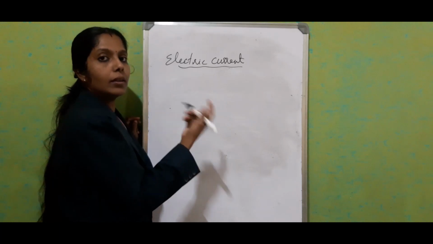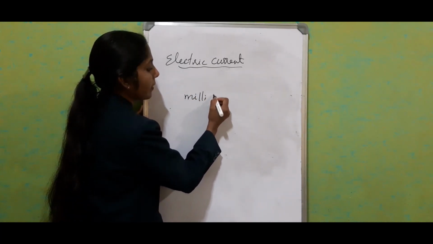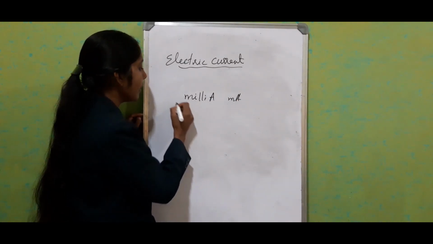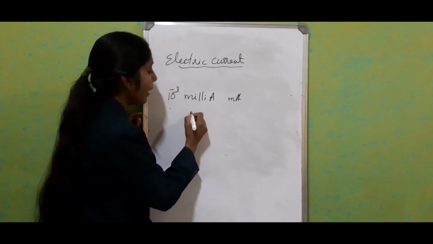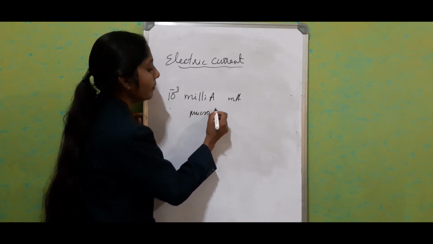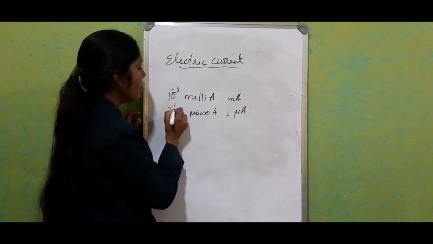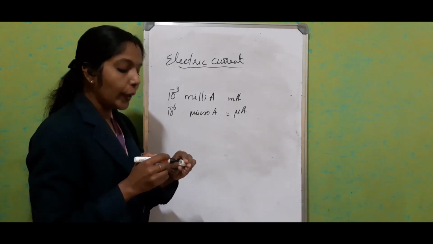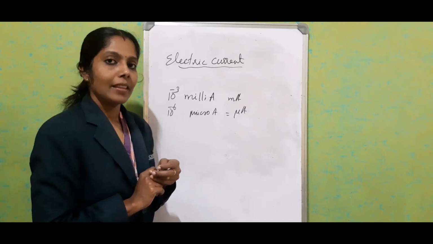The smaller current we represent as milliampere, mA. Milli means 10 to the power minus 3. Then there is microampere, that is mu A, which is 10 to the power minus 6. These are the commonly used smaller units of current, ampere. Thank you.